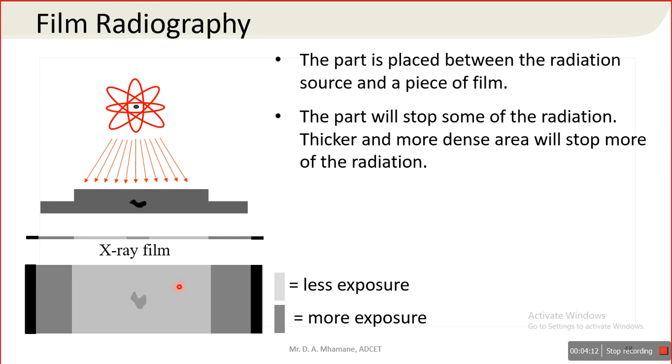When there is a cavity or discontinuity, radiation will have less material to travel through and there will be a reduction in the absorption level of X-ray by the material. This variation is recorded on the X-ray film which is placed after the component, and it generates an image which indicates the presence of a defect or a thickness variation or density variation within the material.